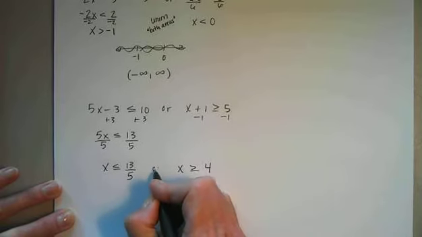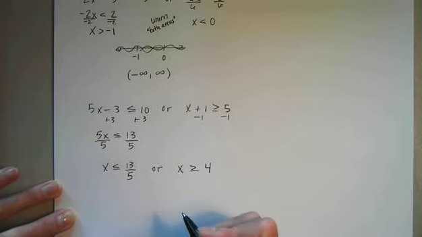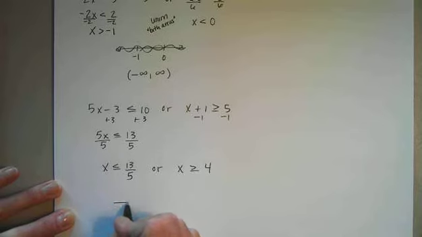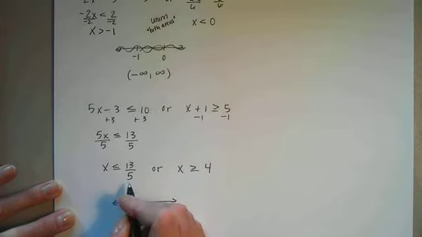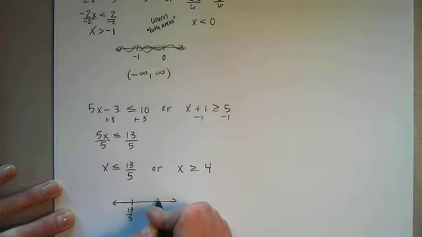Now, the word is or, so anything you shade will be part of your answer, and you need to make sure you write those in order. So we know 13 divided by 5 is 2 point something, like 2.6 or something? So it's smaller because it's between 2 and 3. So I'm going to write it right here, and then I would go 3, 4 right here.